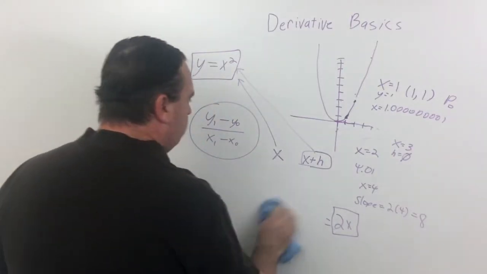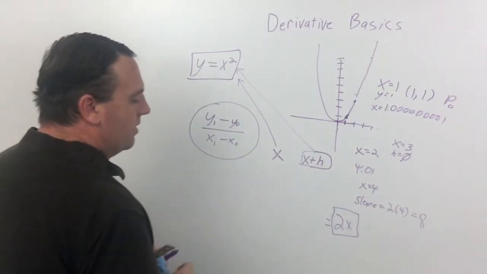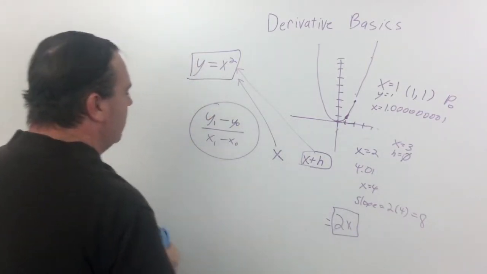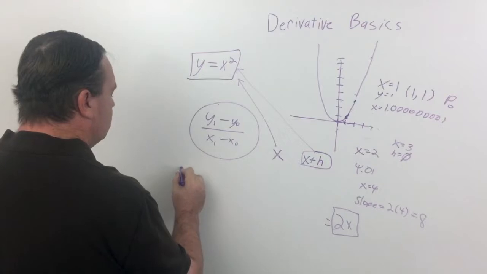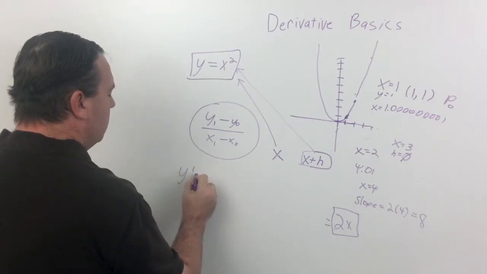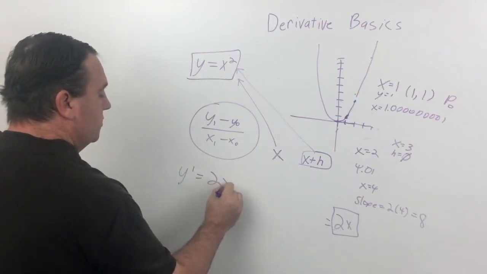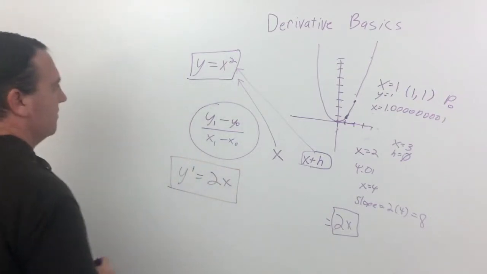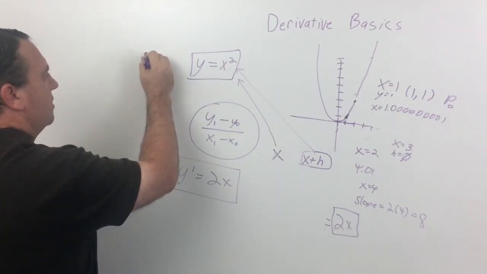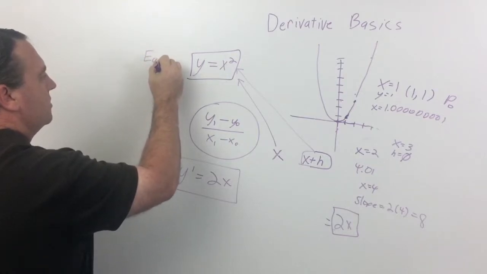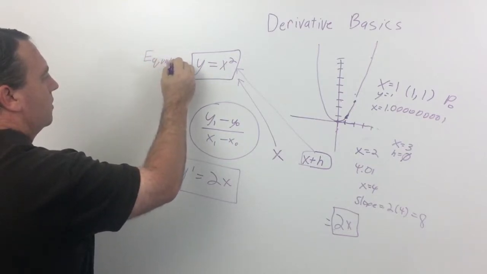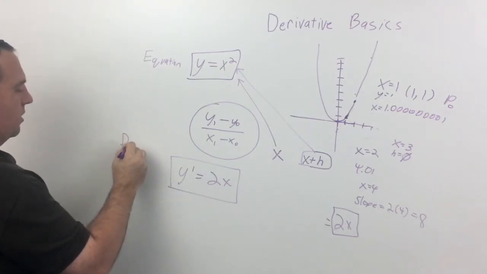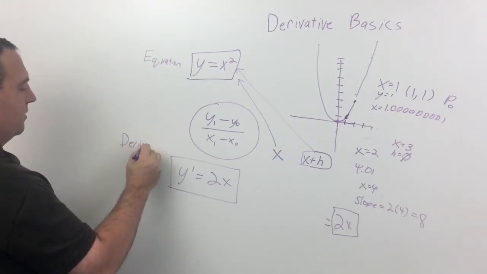The slope for y equals x squared at any given point is given by 2x. And the way that we write that is we say y prime equals 2x. And this is the derivative. So if this is our original equation, this is our derivative.